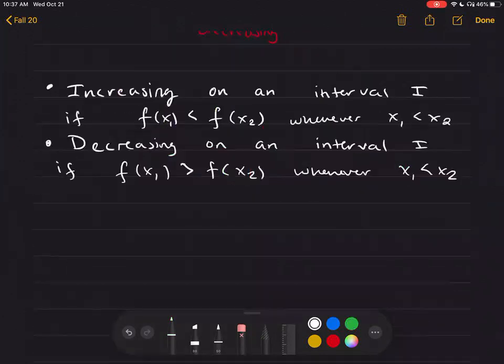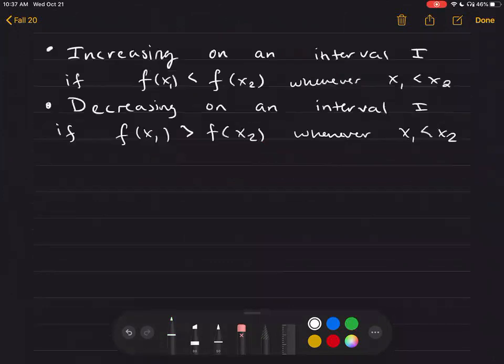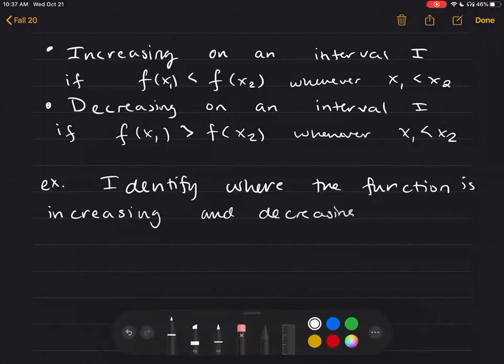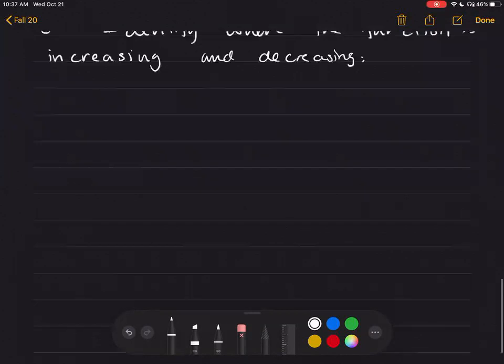So let's look at a concrete, homework kind of example. Let's identify where the function is increasing and decreasing. So let's draw our graph.